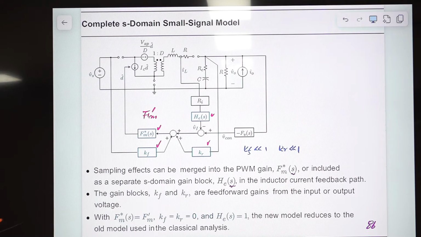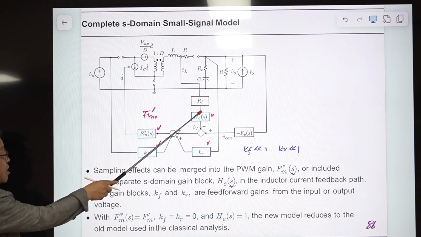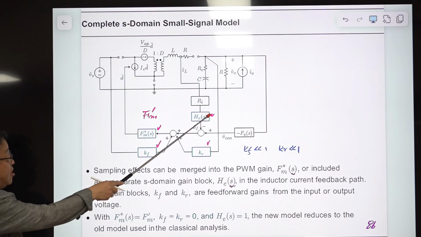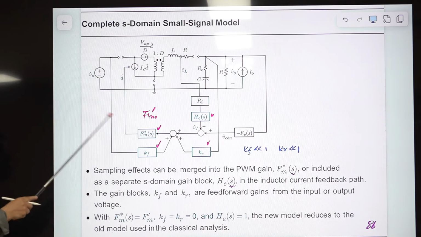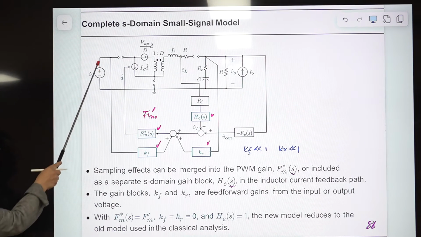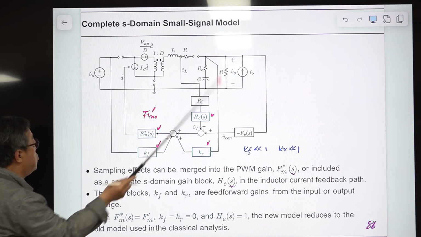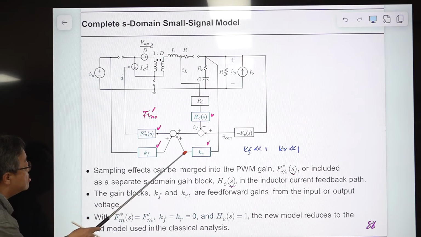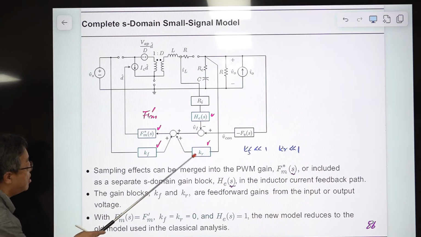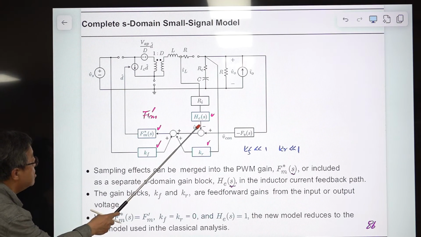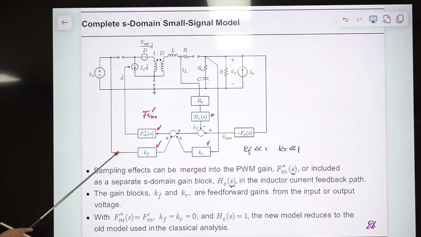Because of the current mode control, you include this, and because of the sampling effect, you add it here, and this FM is changed when the sampling effect is included. There is some dependency between input voltage and output voltage to the duty ratio, so the control signal here is affected by this one. So we have additional gains KF, KR, HES, and this was FM prime in classical analysis, but now this is FM star S.